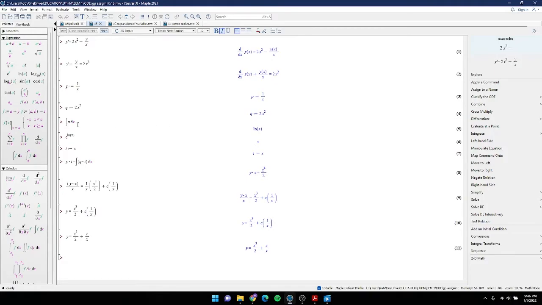First, we must integrate the value of p. So the integral of p will be ln x. So then we find the integrating factor using the formula I equal to exponent of the integral of p dx.